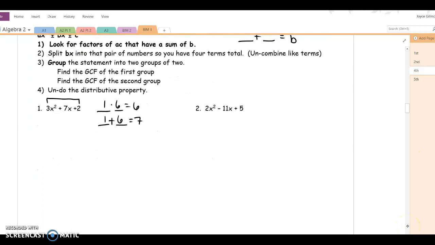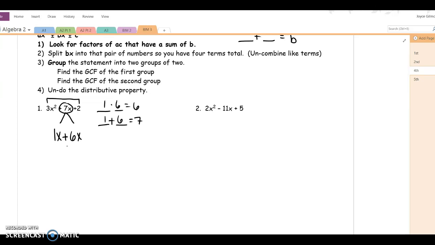Okay, according to these steps, step 2, we are going to split our BX term into that pair of numbers we just found, so we have 4 terms total. Basically, we're taking this 7x and splitting it into 1x and 6x. Do you all agree that 1x and 6x still represent 7x? We just kind of broke it up.